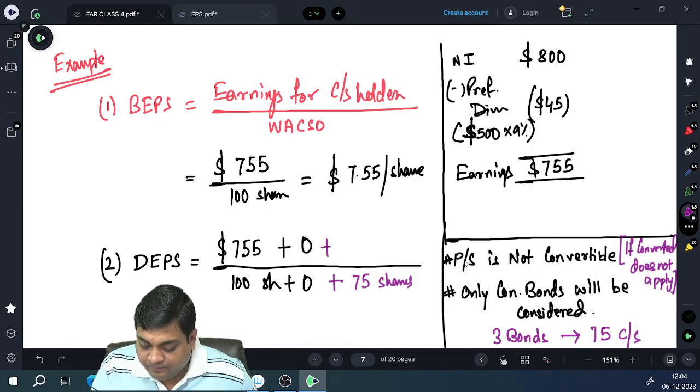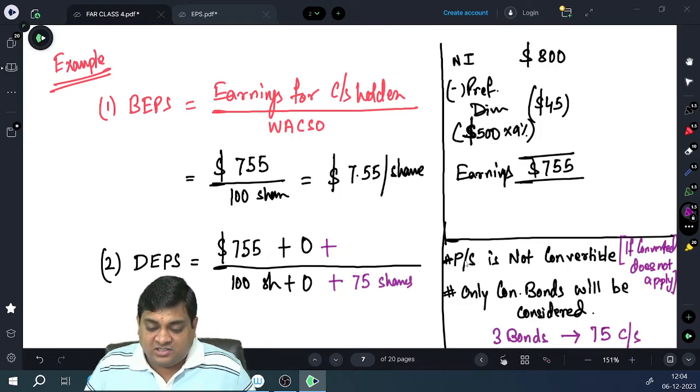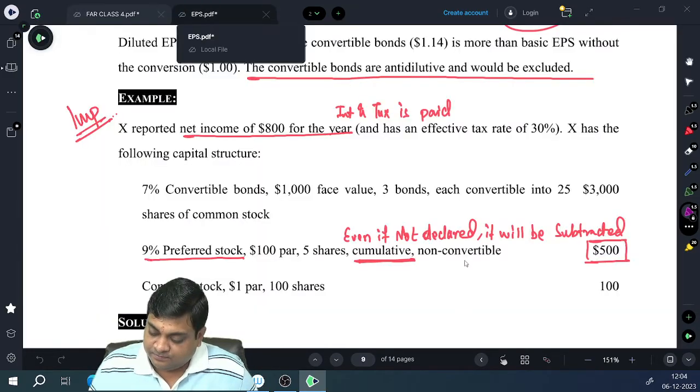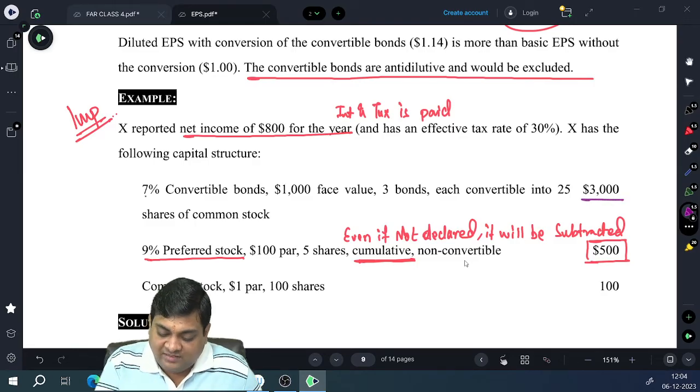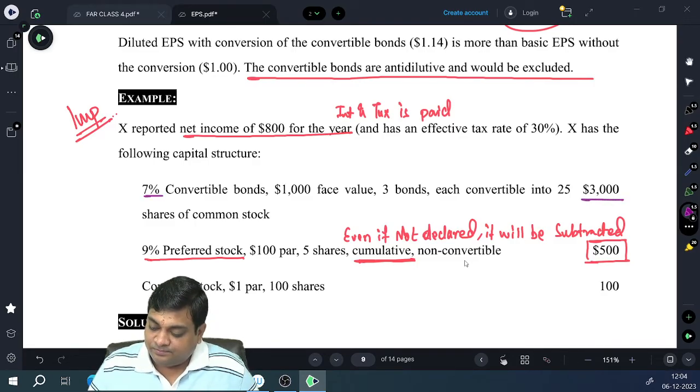Right? There's a savings of interest. 3000 is the bond value, 7%. And then net of tax.